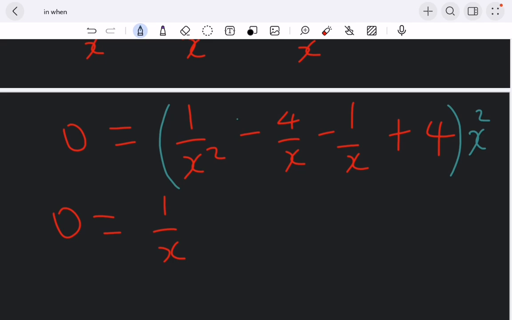So if you multiply each and every term by x squared, on this one you're going to get 1, and then minus 5.